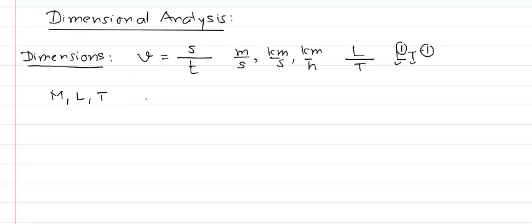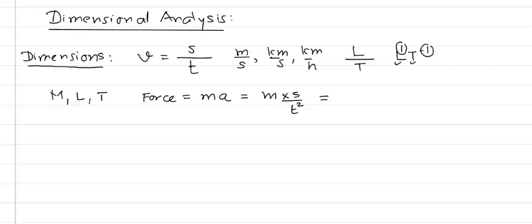Let's take one more example to help us understand this better. Let's say we take the example of force. Force is mass into acceleration, and therefore this could be written as mass into distance by time square.